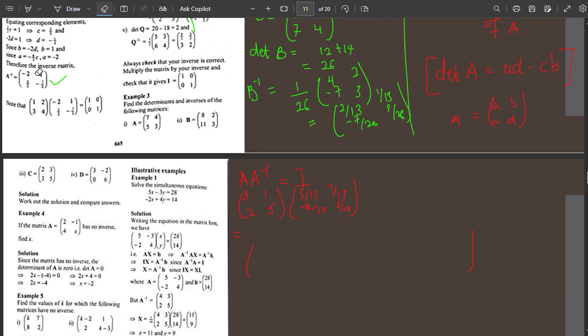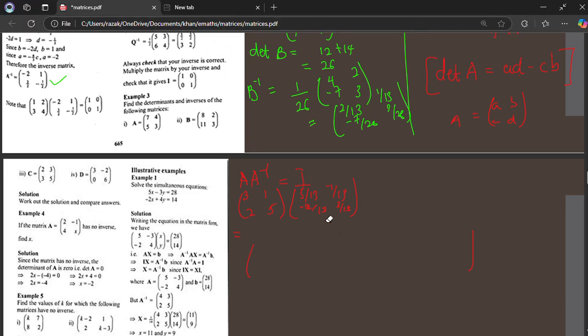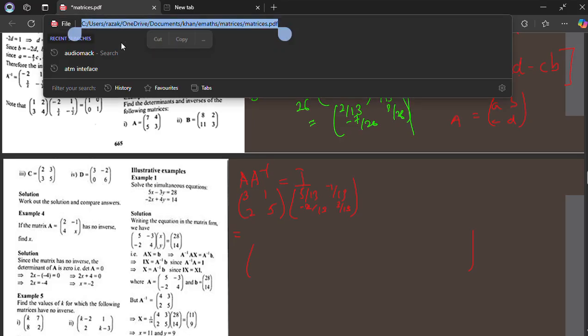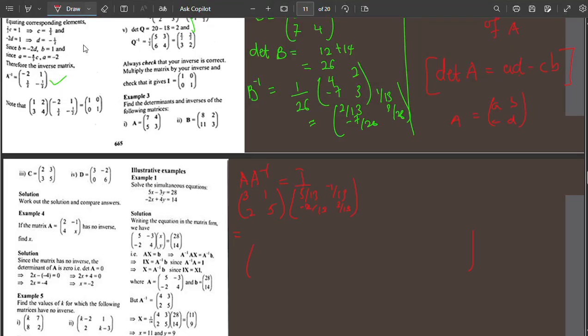Right, so let's start again. 3 times 2 over 5. We'll have 15 over 13. Plus this times this, that will give us minus 2 over 13.